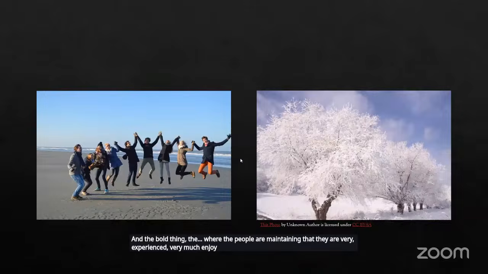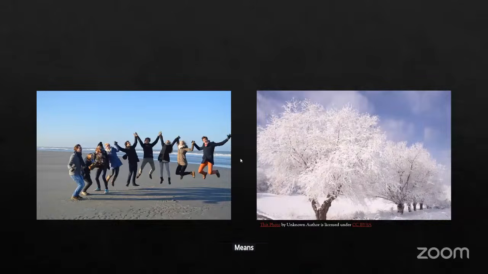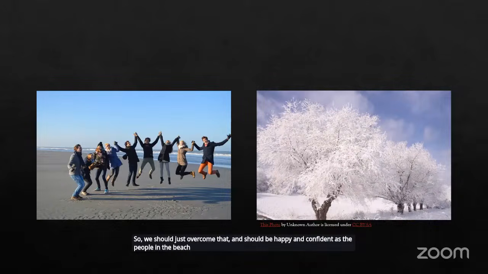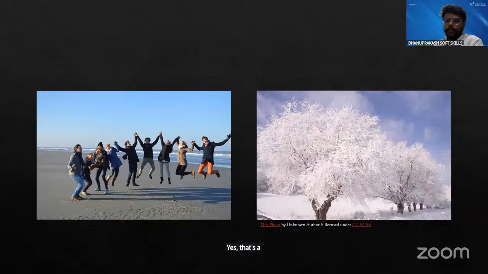And in the second picture, we can see the tree is being covered with snow, meaning our character is being covered with our introvertness. So we should overcome that and be happy and confident like the people at the beach side, sir. Yes, that's a great explanation.